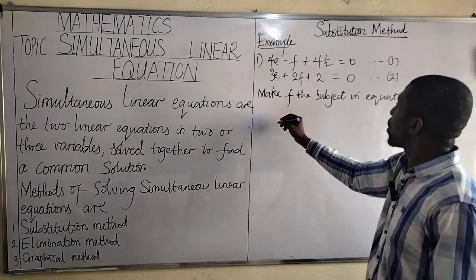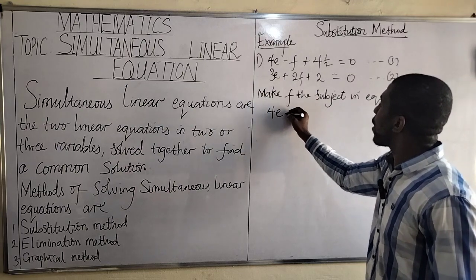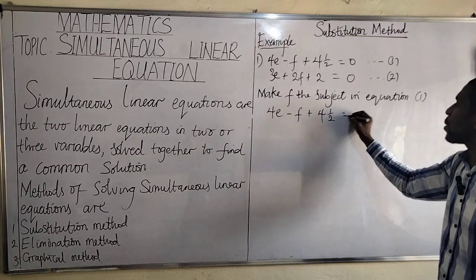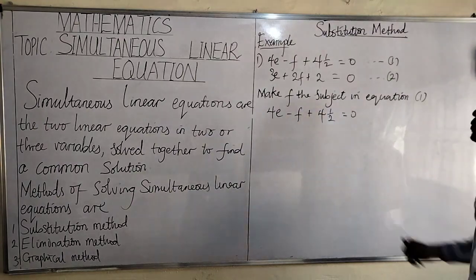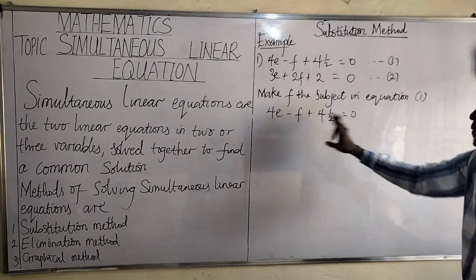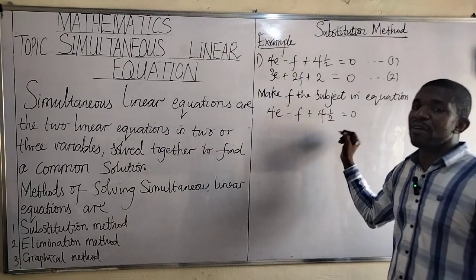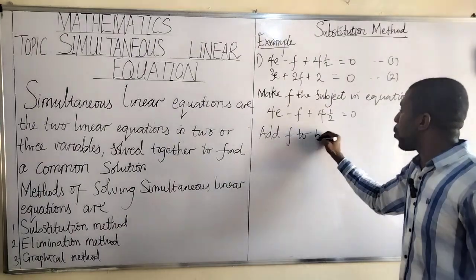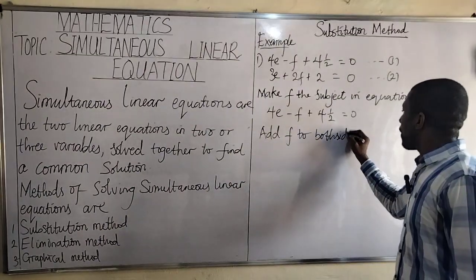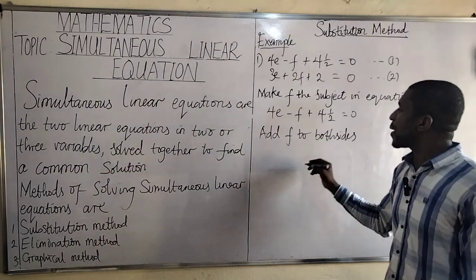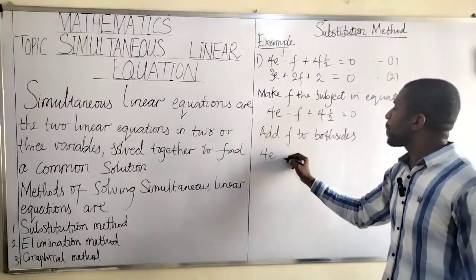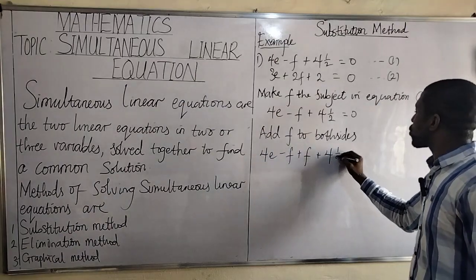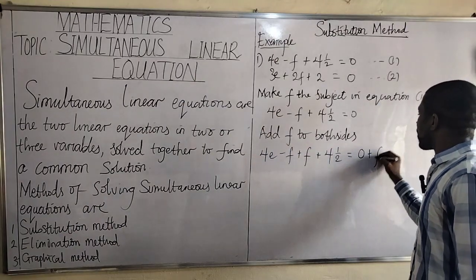So what does equation 1 say? Equation 1 says 4e minus f plus 4 1/2 equal to 0. So we are going to make f the subject. How are we going to go about this? Add f to both sides. So when that happens, we have 4e minus f plus 4 1/2 equal to 0 plus f.